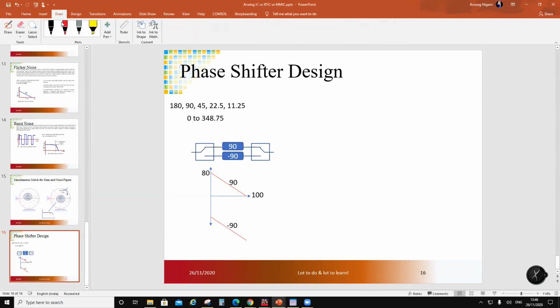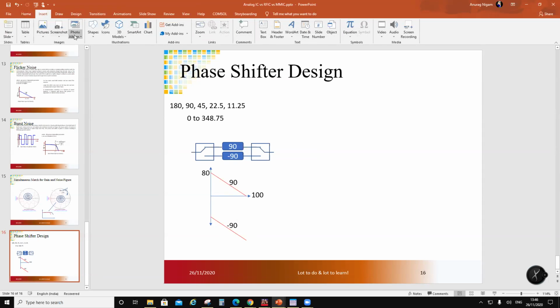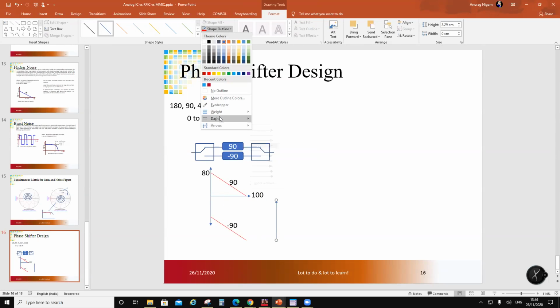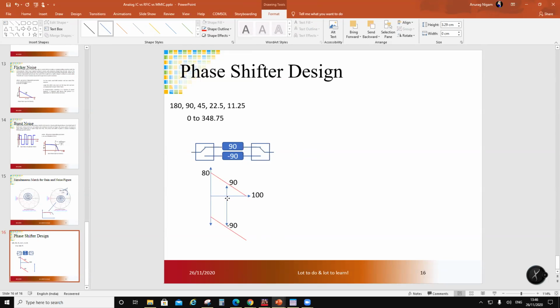Now this gap from here to there is going to be 180. That's how this is designed. Maybe I haven't placed it properly.